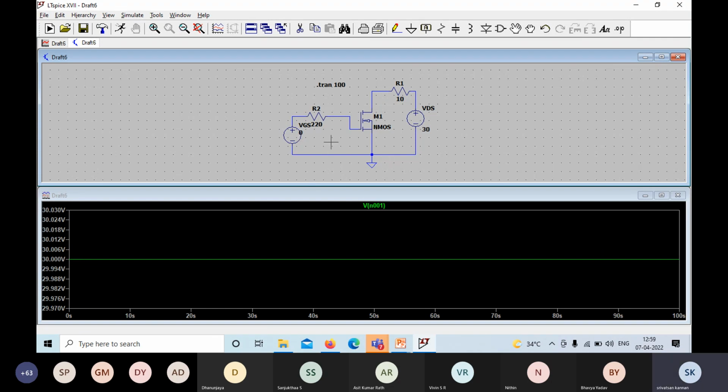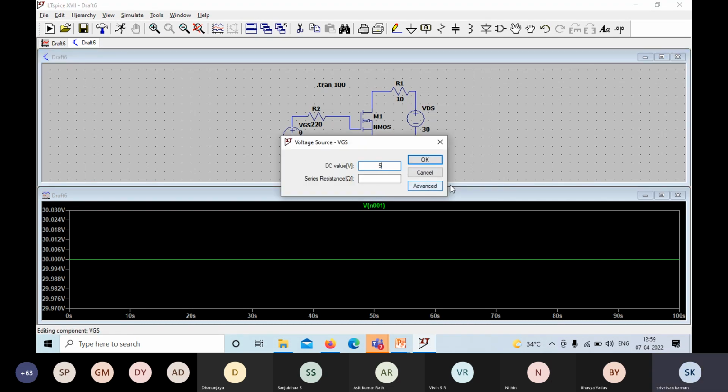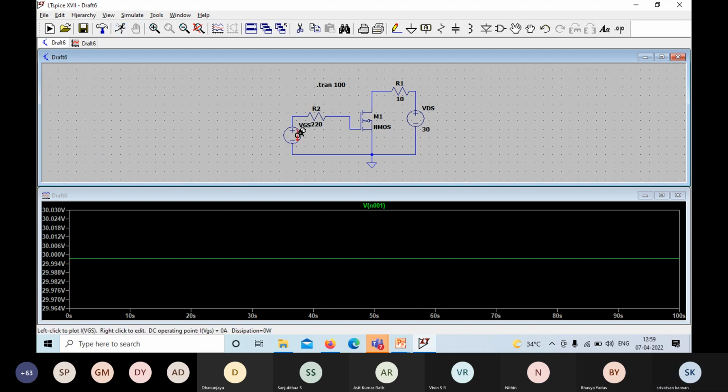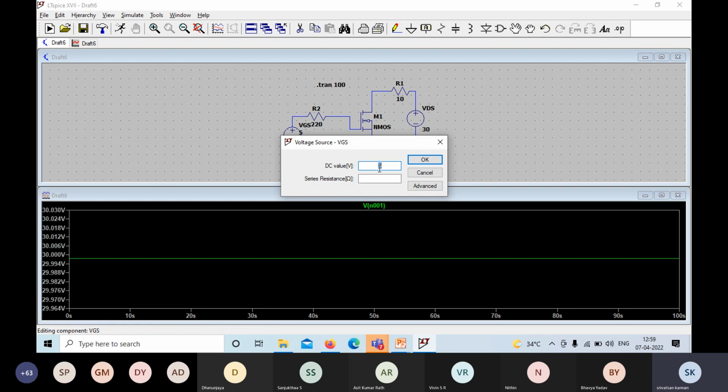Now, if I make this 5 volt, let us see the response. Output is still 29.